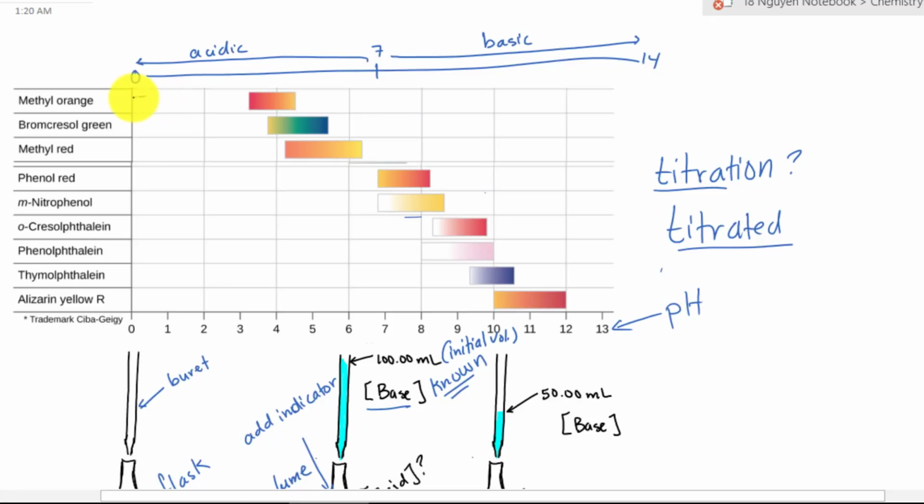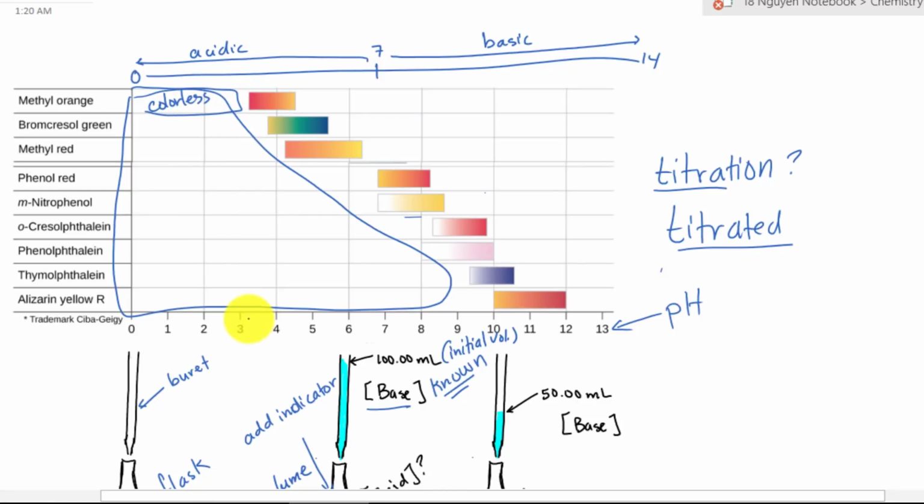If we look at methyl orange, this range here is colorless. If you have a solution in the range of 0 to 3, there's no color if you have this indicator in it. Or you have phenolphthalein, where from here to here would be colorless as well. So different indicators have different ranges of colorless and a range of color.